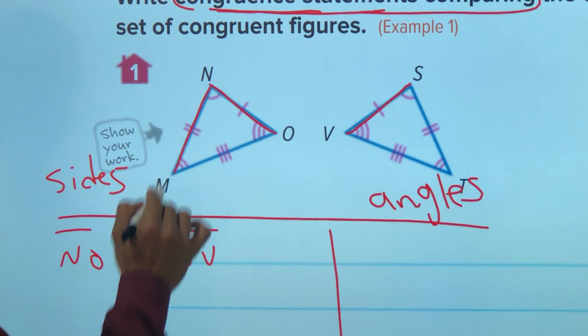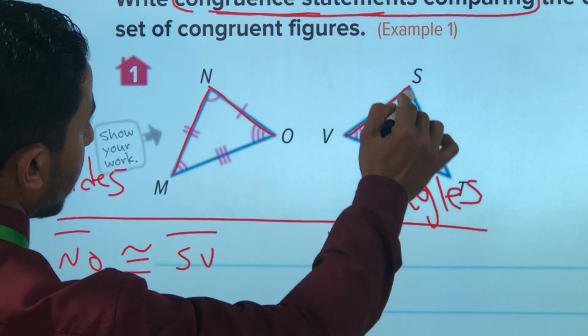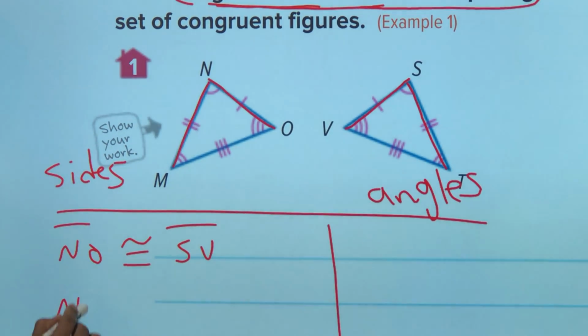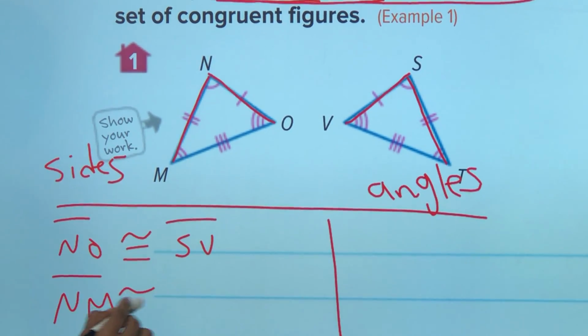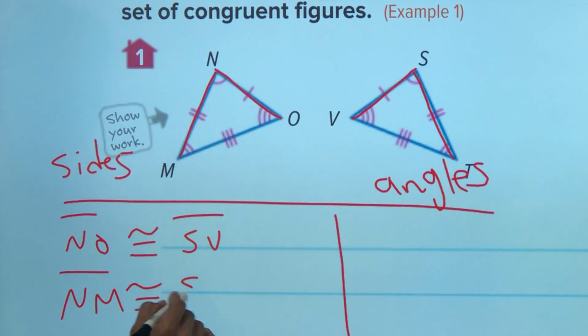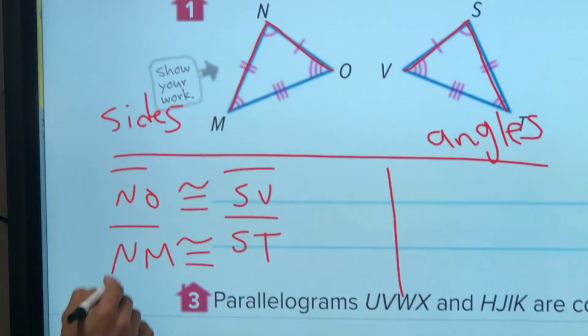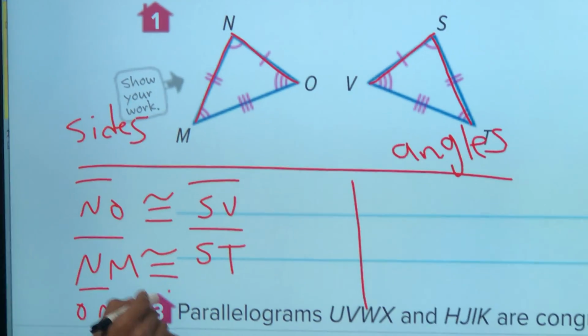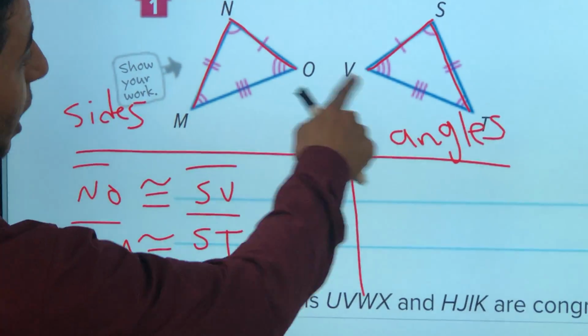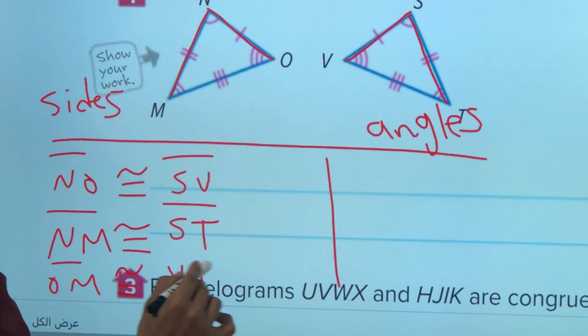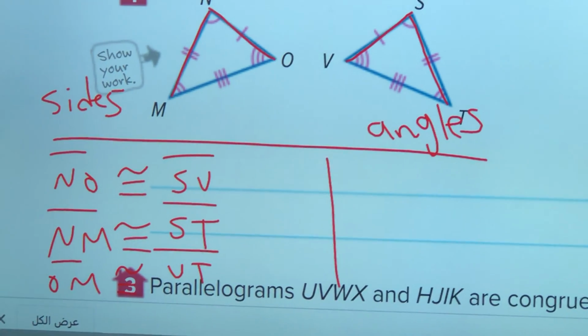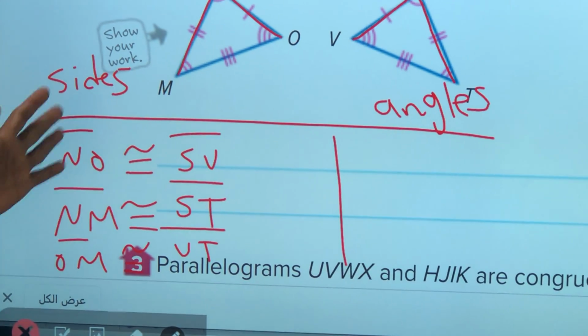And NM is equal to ST. NM is congruent to ST. And the last side is OM, congruent to VT. These are the congruent sides.